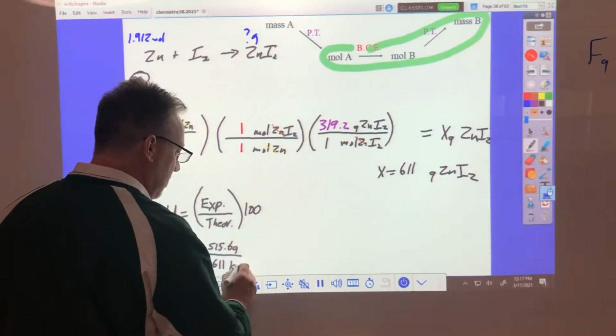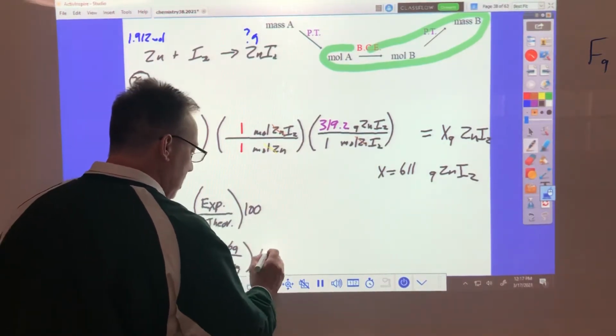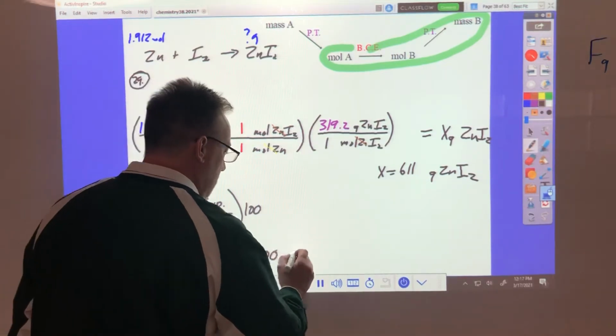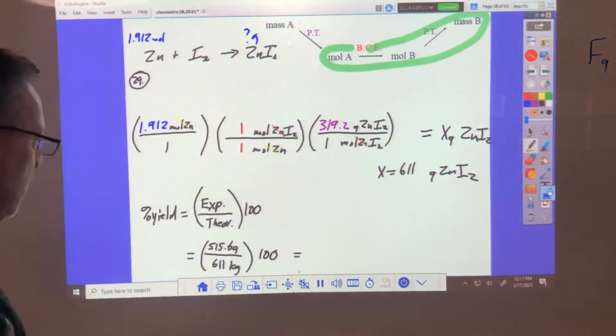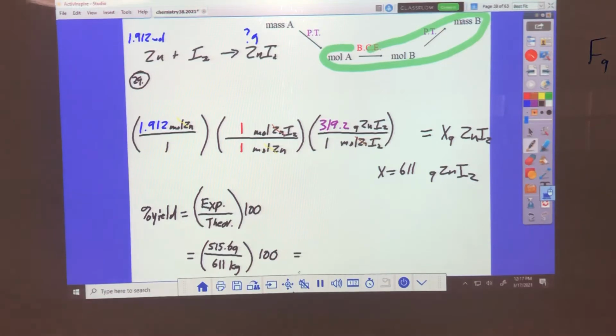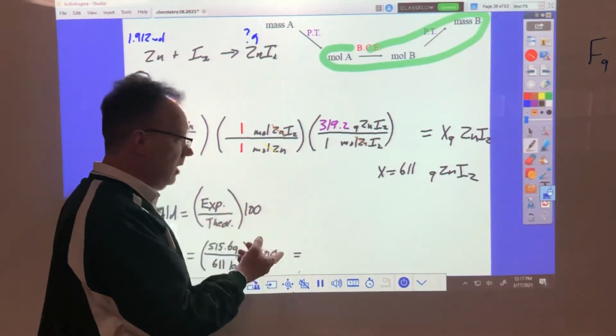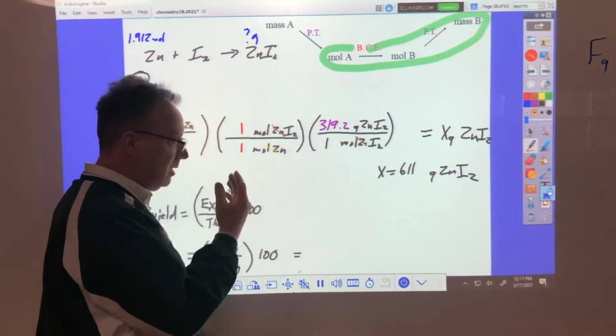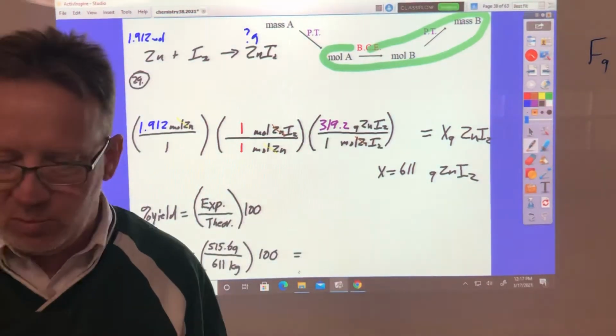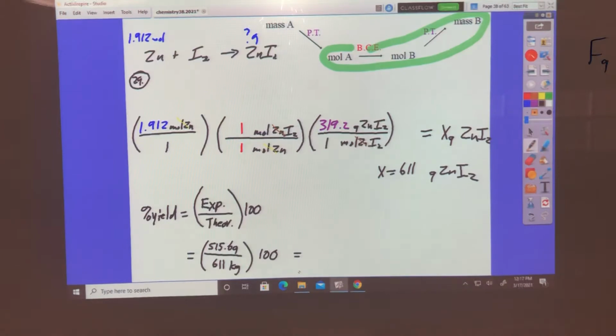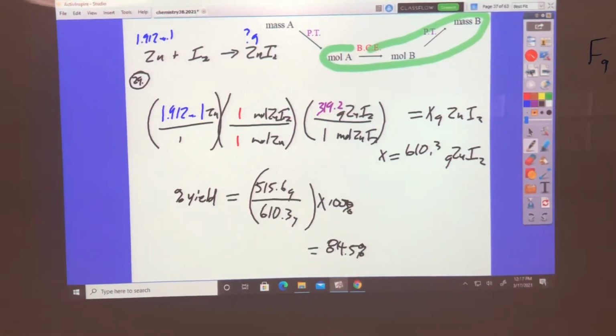And multiply that times 100, and you don't want to push the percent key on your calculator. It's really 100%, but we'll soon see that they push the 100% key on the calculator, and then it changes that to 1, and it doesn't change this. So I'm going to leave the percent sign off. And anyway, it comes out to be, looks like 84.5%.